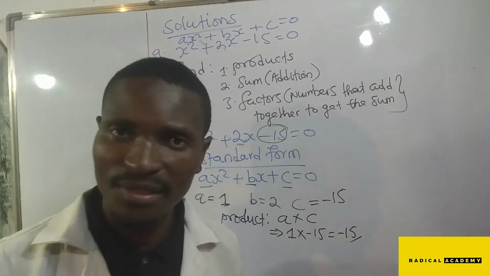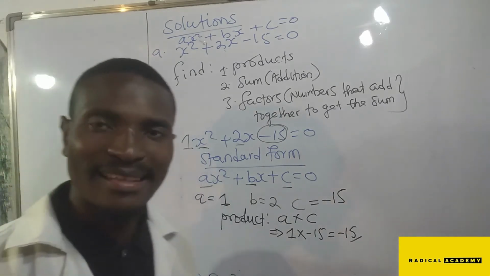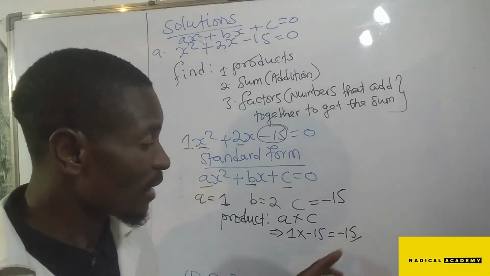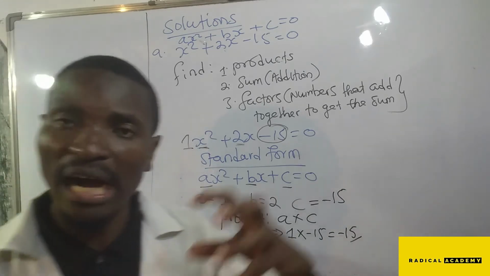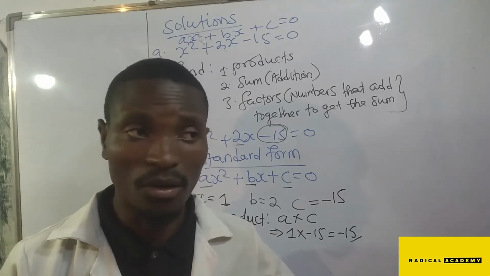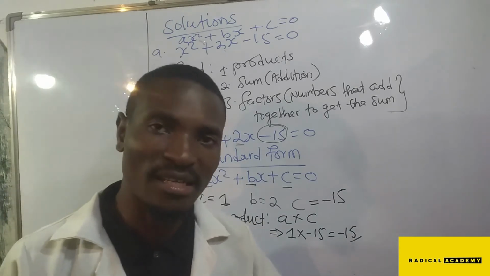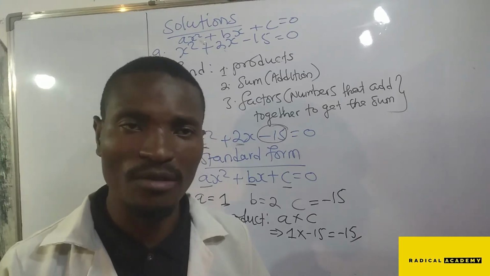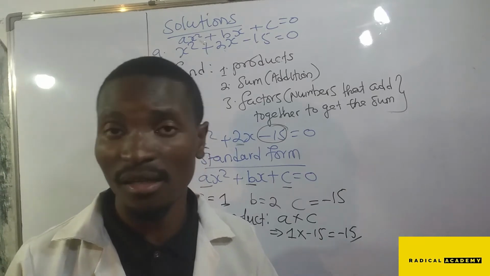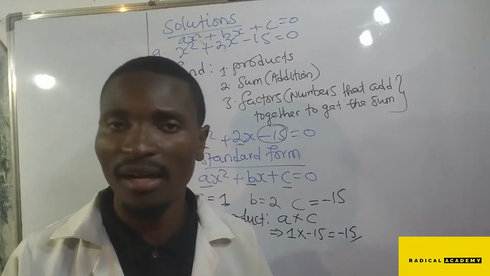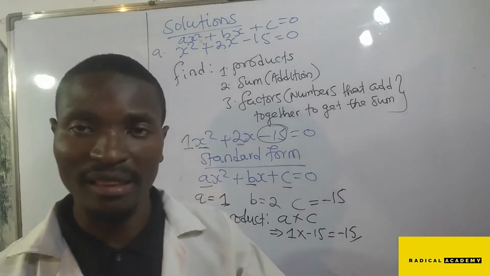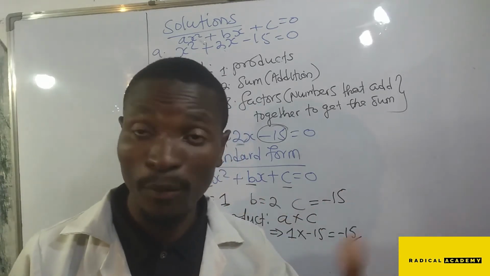What this means is that these are not the only factors that I can multiply together to get negative 15. We have to think of other numbers we can use to get negative 15. 1 multiplied by 15 gives 15, but what you're looking for is two numbers that multiply together to give negative 15. Apart from 1 and negative 15, we also have 5 multiplied by 3, which gives positive 15.